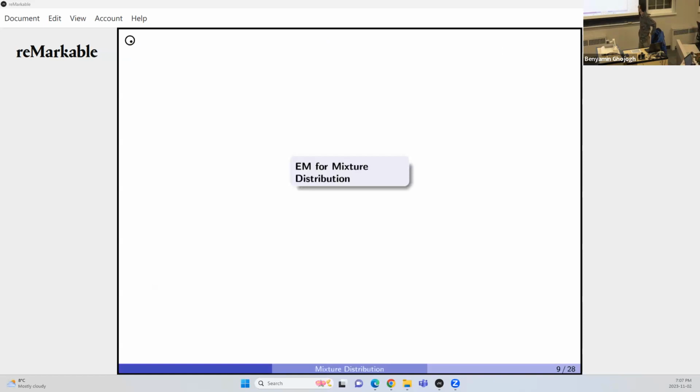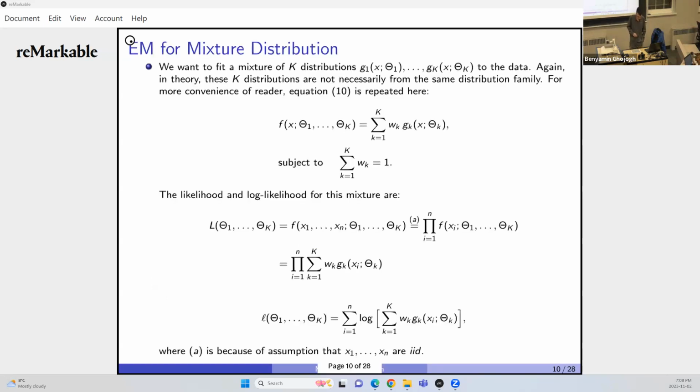EM for mixture distribution. Now let's use expectation maximization for the mixture distribution, right? So we want to fit a mixture of k distributions, G1 to GK, to the data. When I say fit, I mean, this data that we have has some distribution. Let's find its distribution as a linear combination of several distributions.